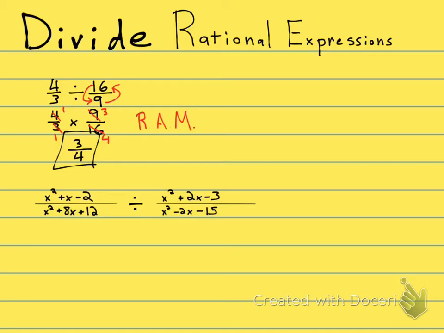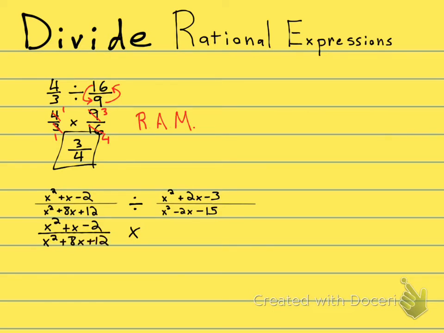So let's take a look at dividing a rational expression. How would I divide this rational expression by this rational expression? I don't. I will change it to a multiplication problem. So I'm going to rewrite this one just like it is, x squared plus x minus 2 over x squared plus 8x plus 12.